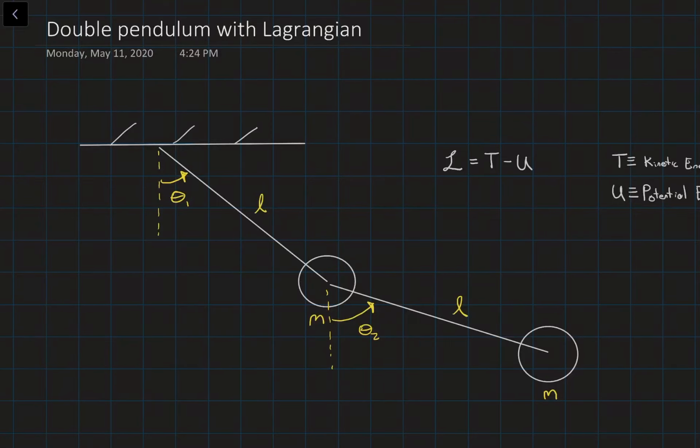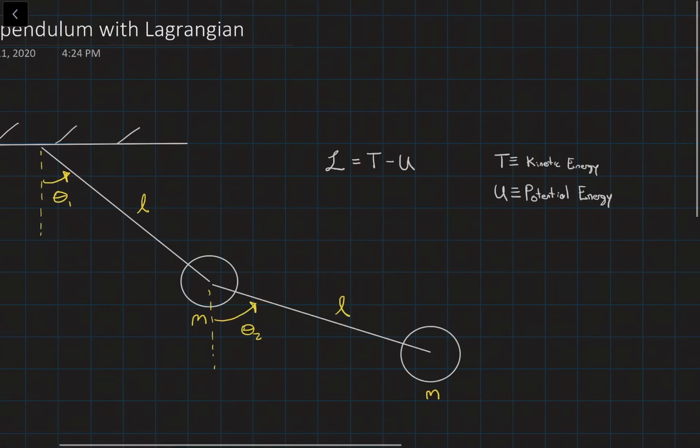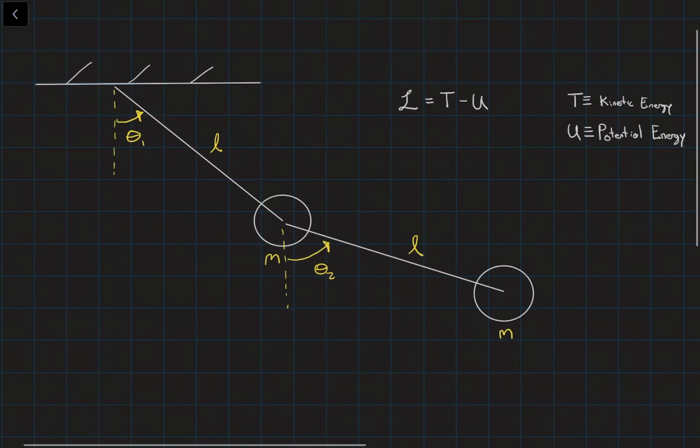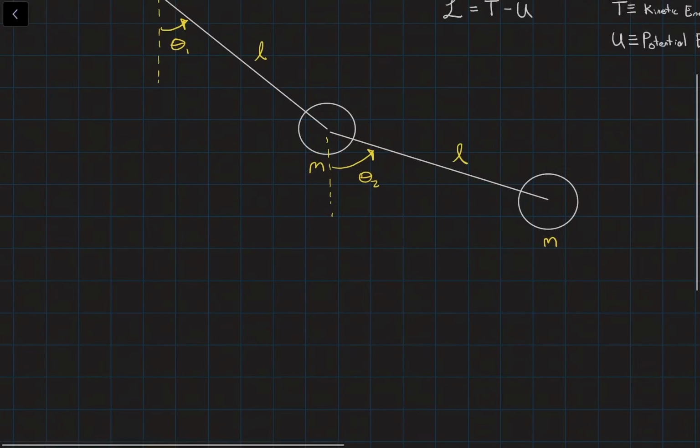So now the next step is to construct the Lagrangian. And to do that, we need to be able to write the kinetic energy. We'll start with the kinetic energy. So the way that we would go about this, say that T equals 1/2 m times the velocity of that mass squared, right?